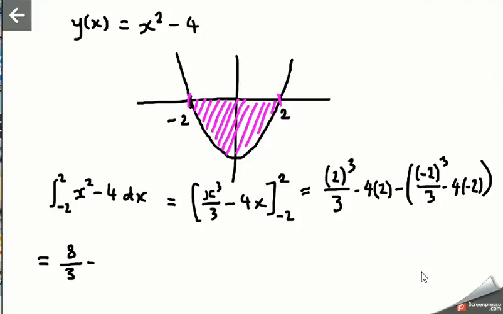minus 8, 4 times 2 is 8. Minus, well, -2 to the power of 3 is -8, so we're going to be minusing -8 over 3, so that's the same as plus 8 over 3.